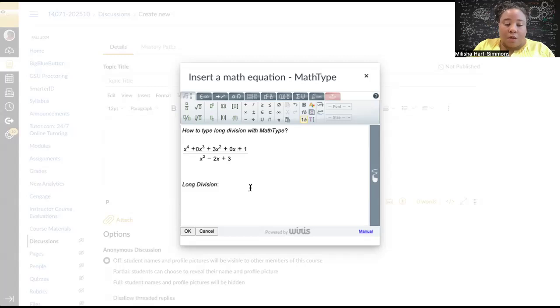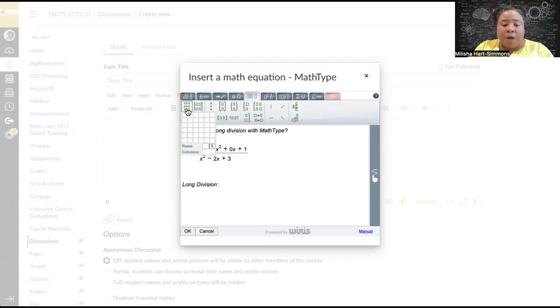So now what I'm going to do is click on the icon for the matrices where you can insert a table of rows or columns. Since my divisor has 3 terms, that implies that for the table, I'm going to do a 1 by 4. The fourth one is for when you're writing the dividend, okay?